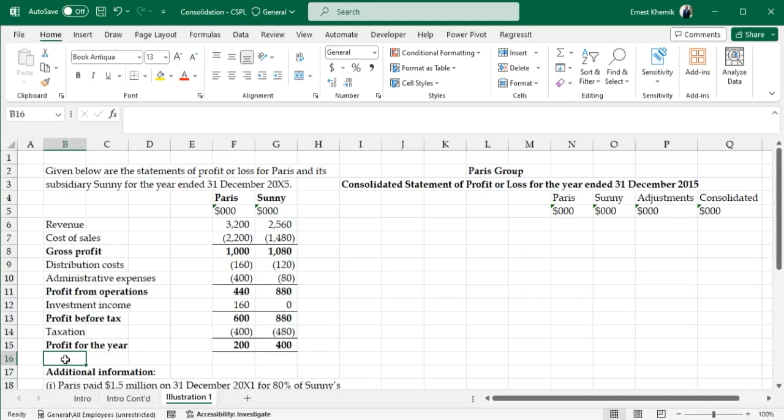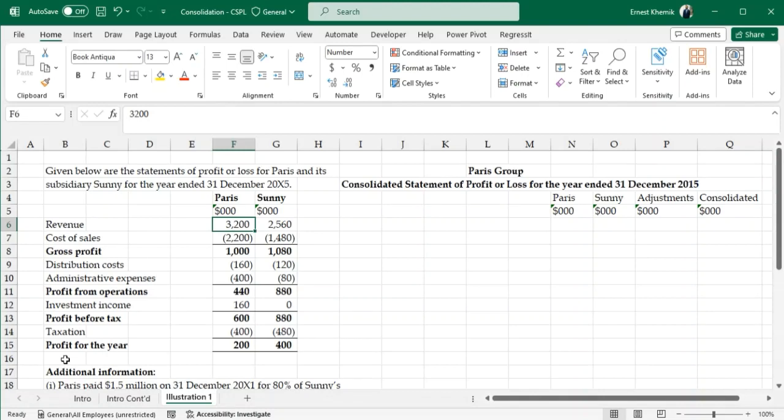So we pick the parent's items on the consolidated statement of profit or loss, and then we add those of the subsidiary or subsidiaries. I said that for financial reporting, the subsidiaries are up to 2. So in the examination, you might see more than one subsidiary, but the principle is the same. Just take note of that.